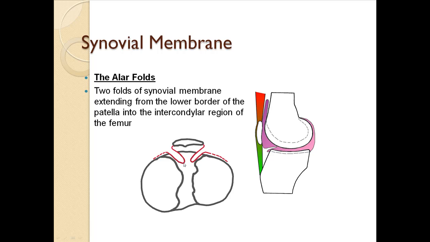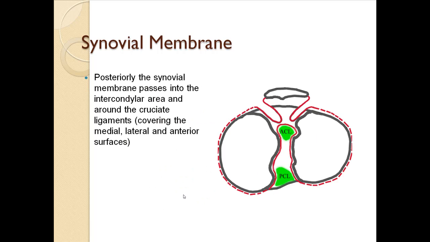These are redundant folds. These are the alar folds, and are 2 leftover folds from when the knee joint used to be 2 separate joints. Posteriorly, the synovial membrane passes into the intercondylar area as well.